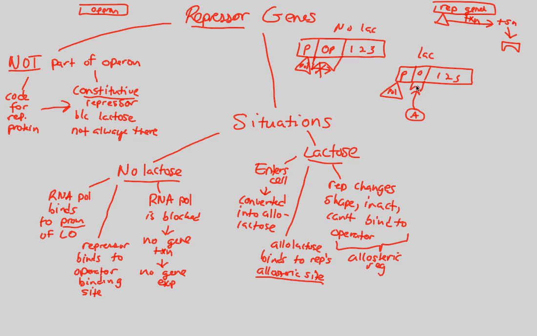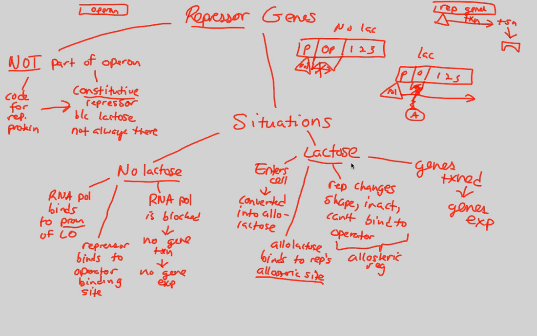This repressor protein will fall off, so let's eliminate it. Let's imagine it's all gone. Now polymerase is free to go down the line and transcribe 1, 2, and 3. So thus we can state that the genes themselves are transcribed, thus the genes will be expressed. Again, why are they being expressed in this situation?